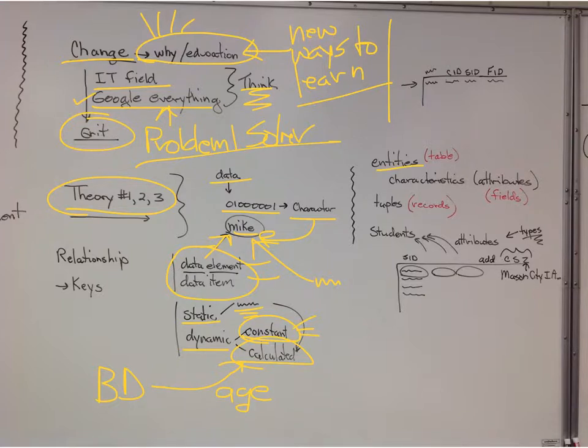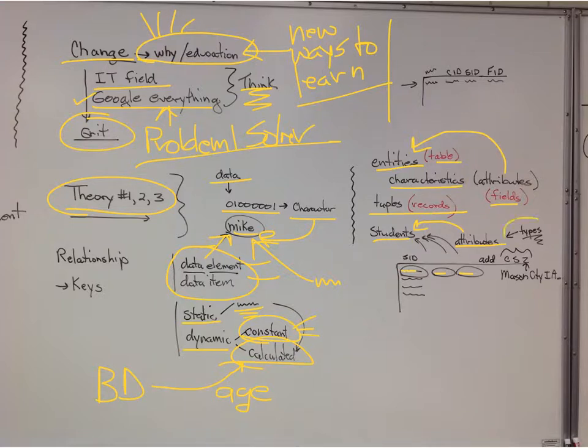Talked about an entity table, attributes that define that entity, characteristics of the entity, often called fields. We put a bunch of these, group them together, we get tuples or records. So for example, down here we have student record, student ID, name, whatever, address. These attributes all define the student.